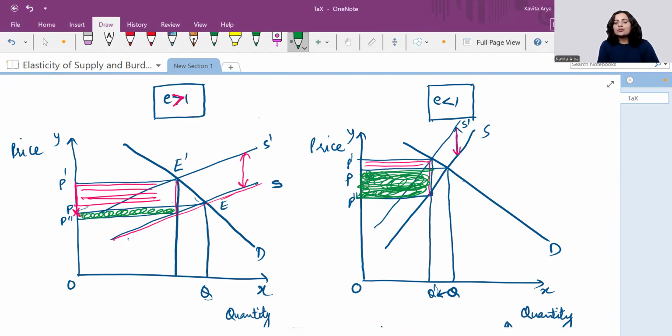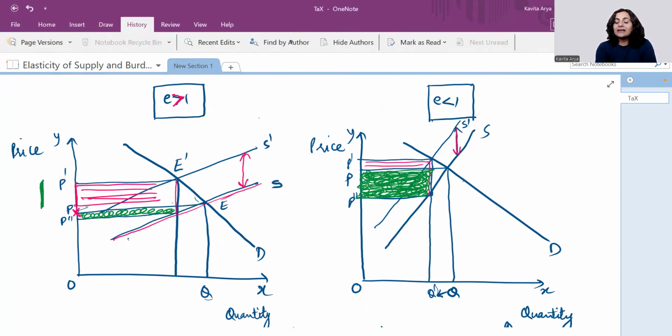See, when it comes to supplies, if supplies are elastic, means the consumers are not very sure of whether the things would be supplied or not. So they are ready to take the risk, and hence they are ready to pay more. So the burden gets shifted to the consumers or the buyers when the supply is elastic. But when supply is inelastic, it becomes contrary.